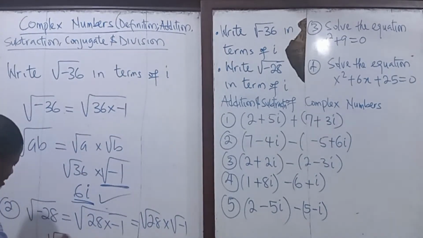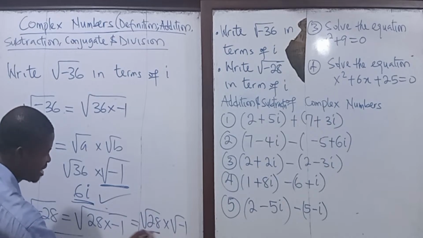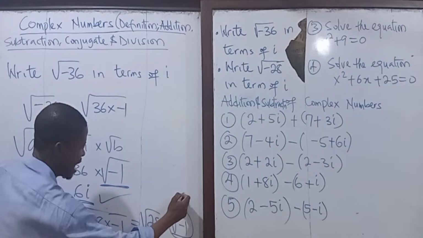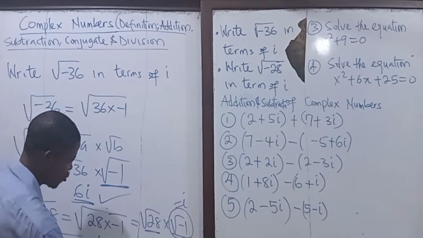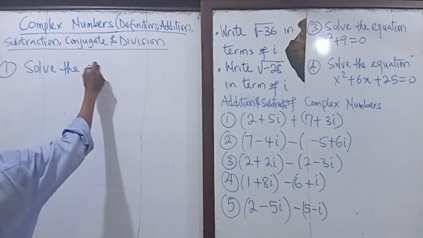So root 28 is root 4 times 7, which is 2 root 7, and root -1 is i. You can place the i by the side, or we'll make it 2i root 7.